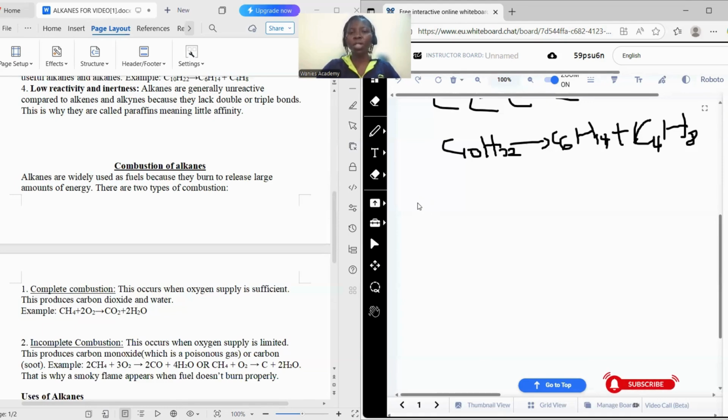In this case, the products that will be produced are usually carbon dioxide and water. For example, if methane burns in the presence of oxygen, the products gotten are carbon dioxide and water.